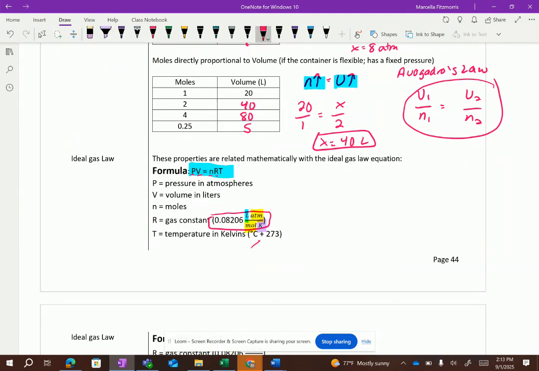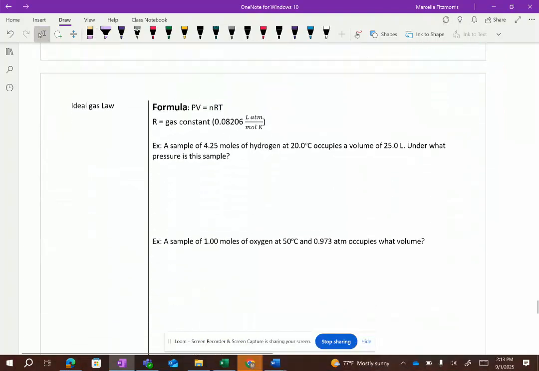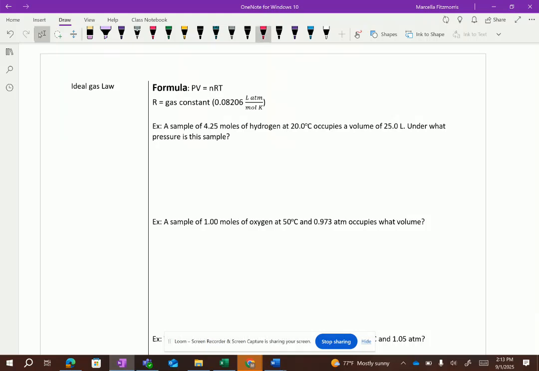So let's go ahead and move on. Let's use this in a couple of problems. So here, we've got pervnert, PV equals nRT. In this equation, it's asking me about the pressure, so that's going to be my X. My volume, 25.0 liters. My moles, 4.25 moles. My R, always given to me, 0.08206 liters times atmospheres over moles degree Kelvin.